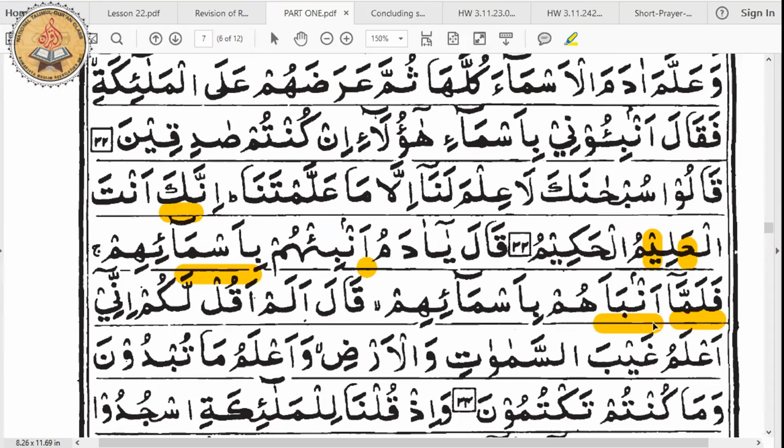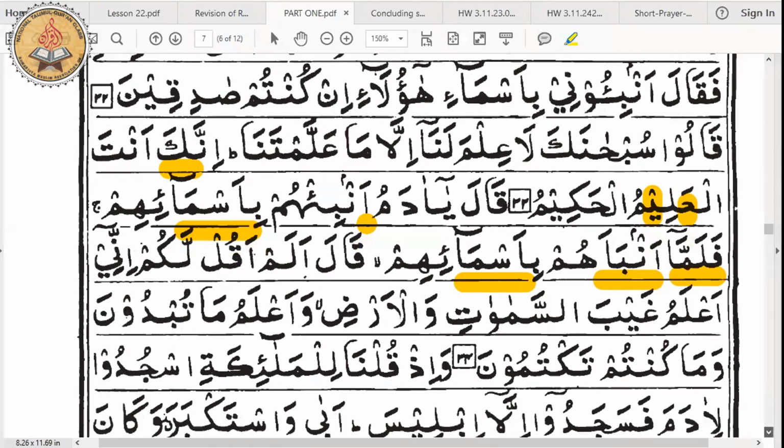So it's N1231. Yes. Okay, can you please start from this one? Amba'ahum. Amba'ahum. And this one. Can you see it properly?